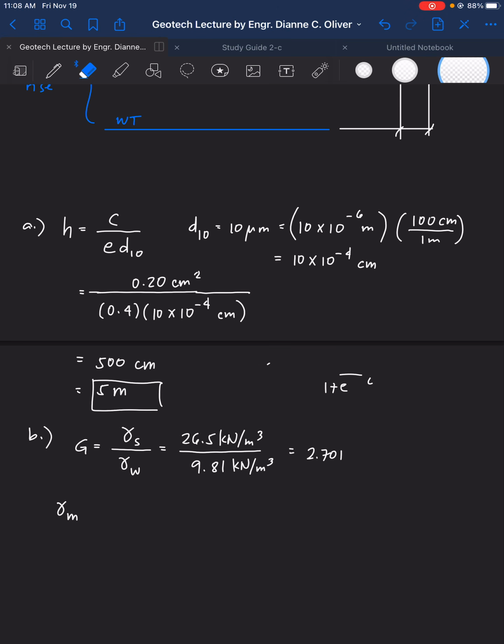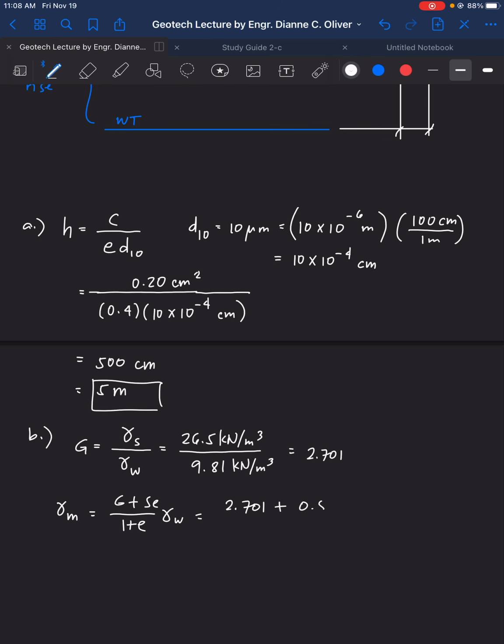Okay, so let's erase here. So gamma M now is equal to G plus SE over 1 plus E times gamma of water. That is equal to 2.701 plus partially saturated 0.5, the void ratio is 0.4, over 1 plus void ratio 0.4, times gamma of water 9.81.